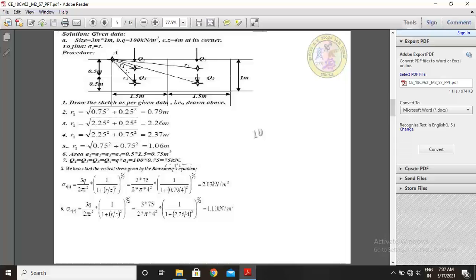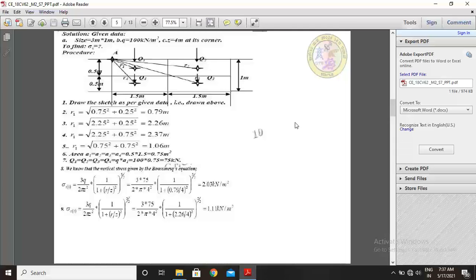Now you locate the radial distances: this distance with respect to point A is R1, this is R2, this is R3, this is R4. So first locate a neat diagram, then you will understand how to solve the next steps.